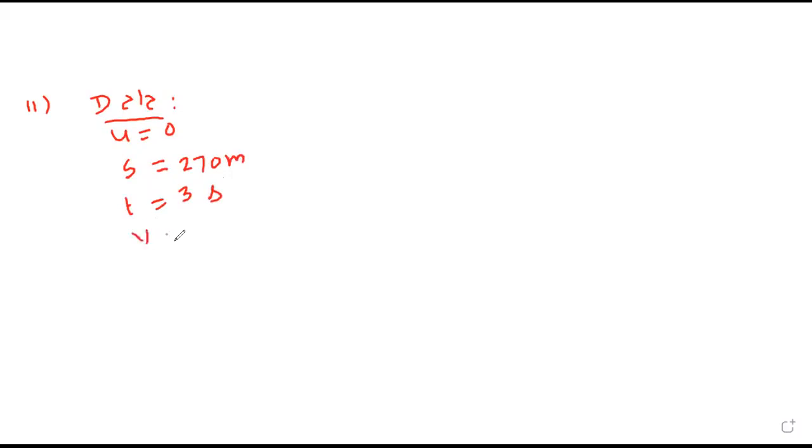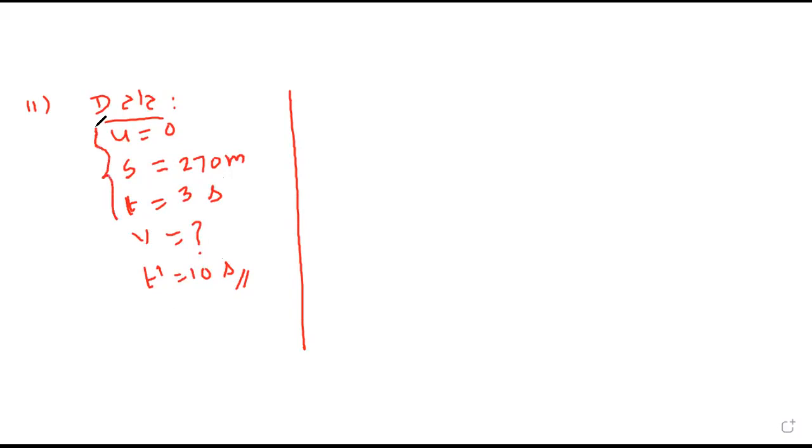Find the velocity means v at 10 seconds after the start. When time is 10 seconds after the start, we need velocity.